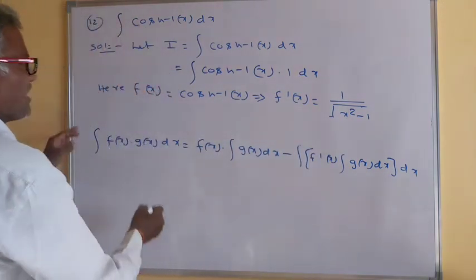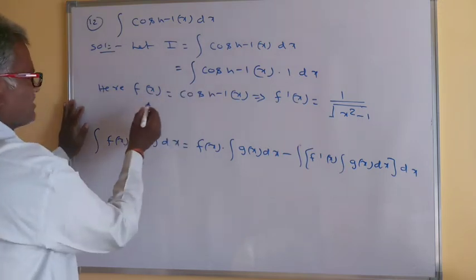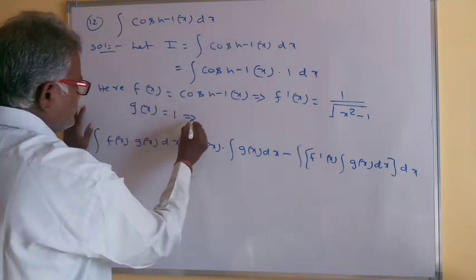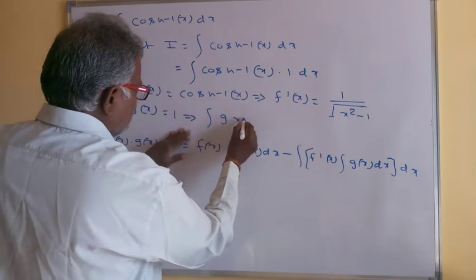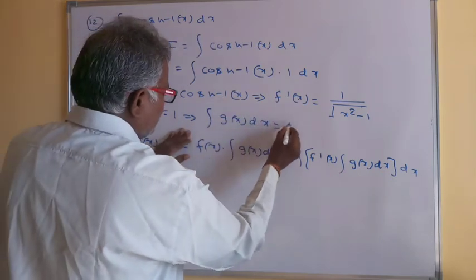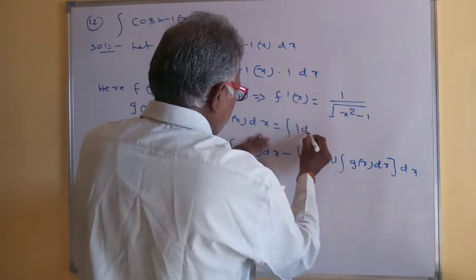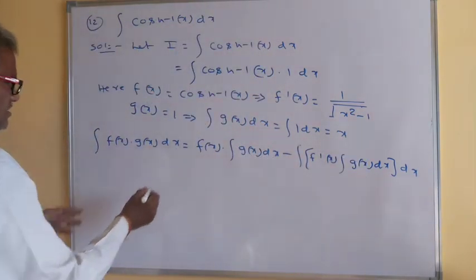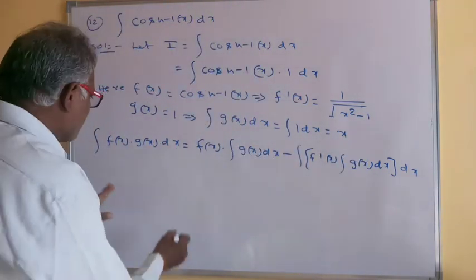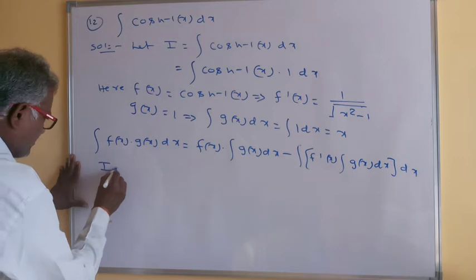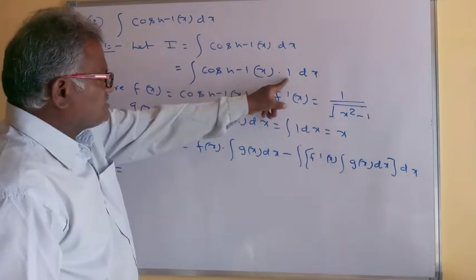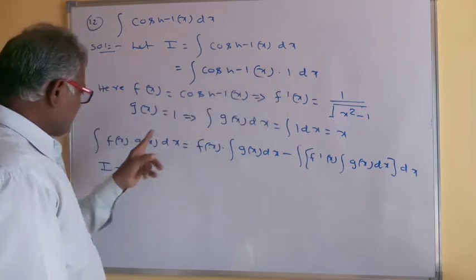Okay. Next, here you see the second function is 1. So for the second function, what you have to do always? Integral value. So integral of 1 is equal to x. So here is the formula for integration by parts. Okay. Now you see I is equal to, here this is f of x and g of x, f of x g of x dx.